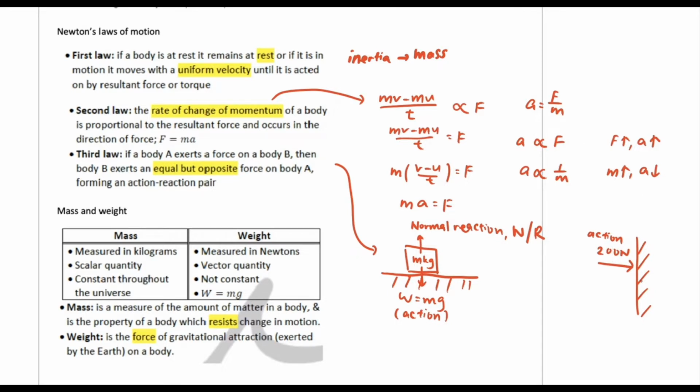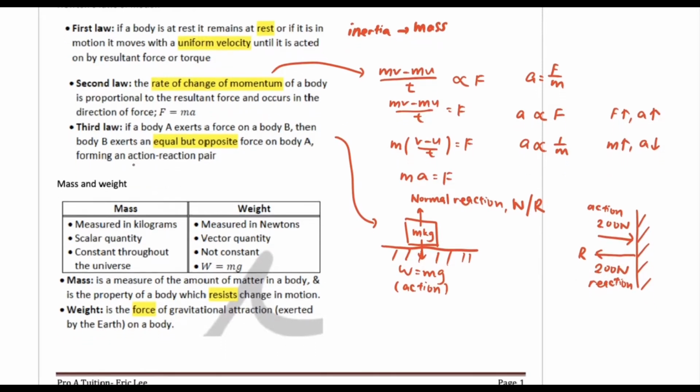The wall holds you back by having the normal reaction, which is 200 Newtons, the same magnitude as the action. So this is the R, the reaction. This is where Newton's third law happens.